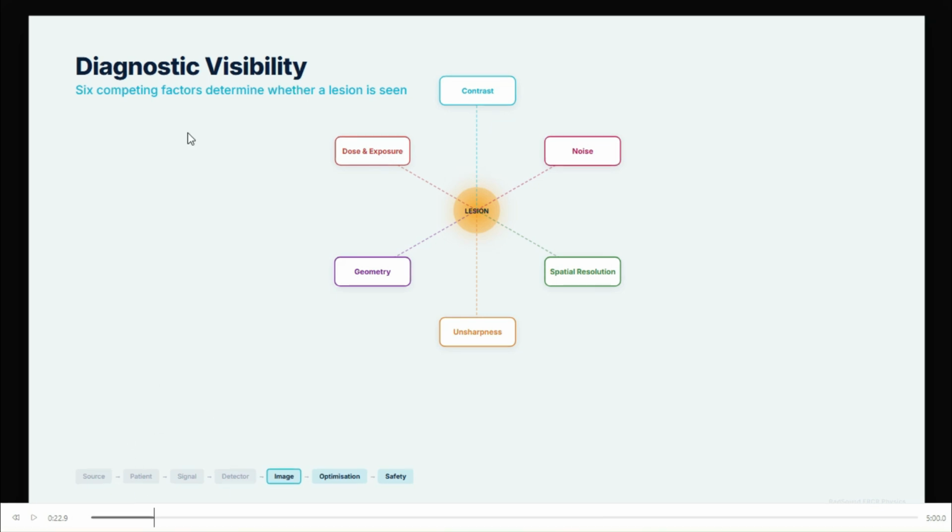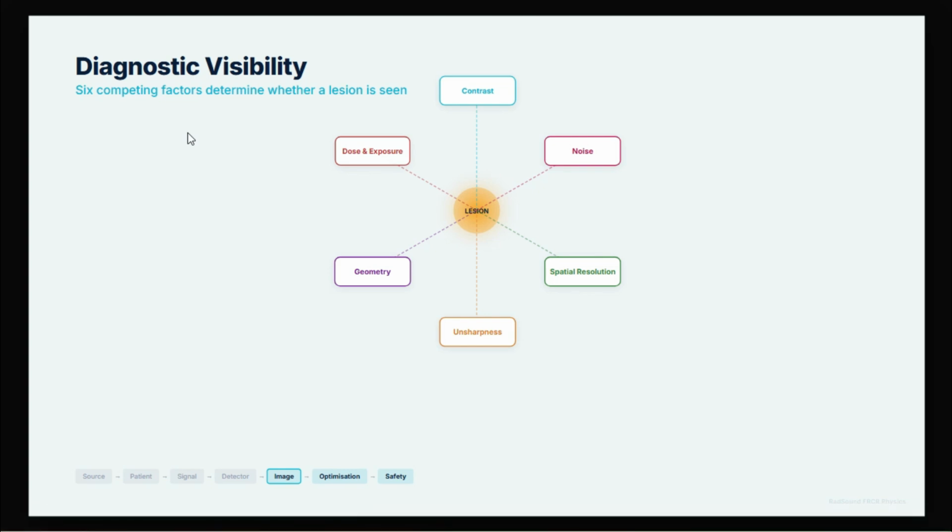Where C stands for contrast, and R stands for resolution and noise. We have U for unsharpness, M for magnification, that is geometry. Then D stands for distortion, A stands for artifacts. So all 7 must be well optimized for the image to be of better quality, to make a proper diagnosis and proper management of the patient based on the image quality.